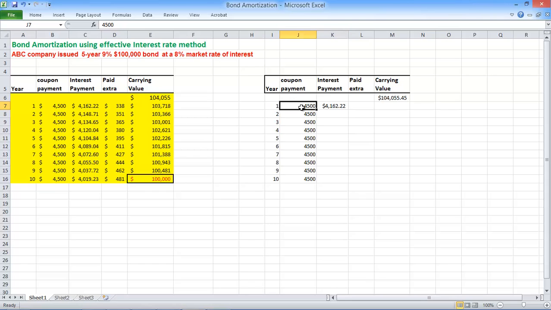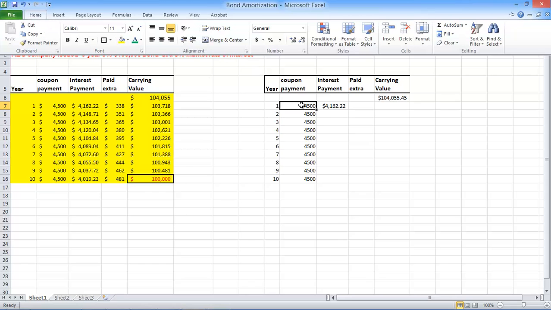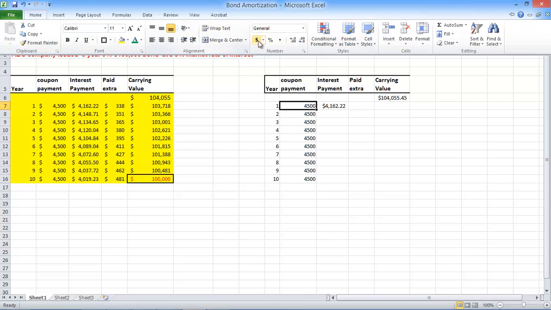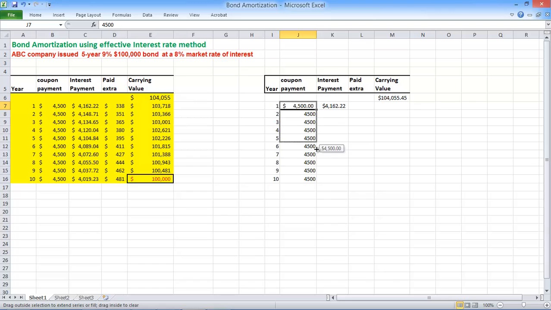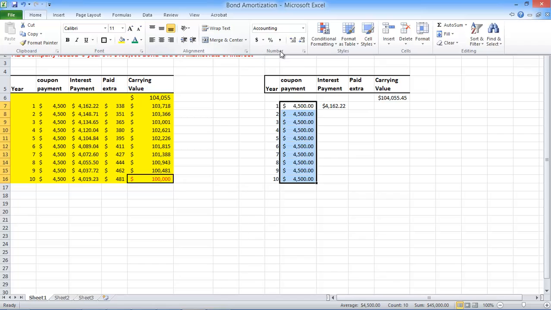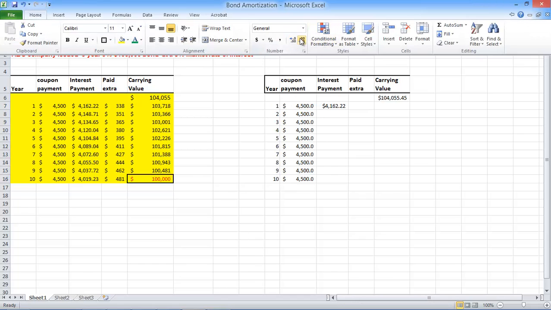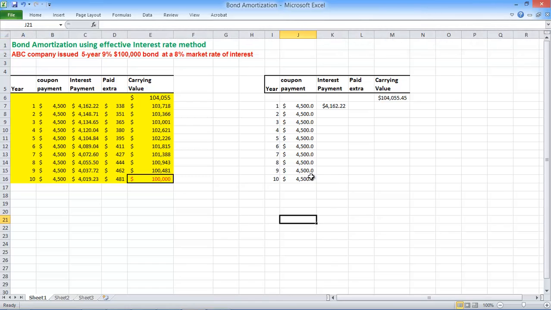You're paying $4,500. We're paying 4,500, but our interest payment is the expense we'll report on our income statement.